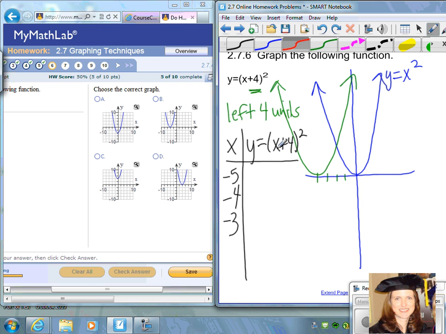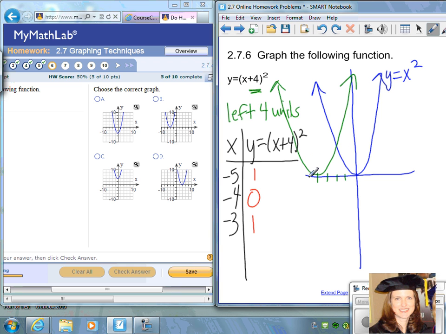When you plug those into the function y equals x plus 4 squared, you're going to add 4. So -5 plus 4 is -1, and -1 squared is +1. Plug in -4 in the parentheses for x: -4 plus 4 is 0, 0 squared is 0. And you plug in -3 for x: -3 plus 4 is +1, and +1 squared is 1.